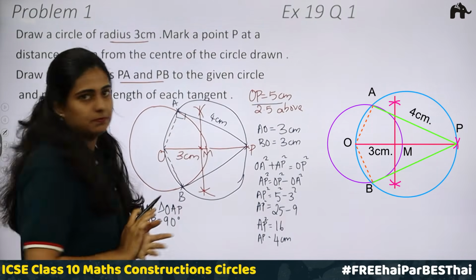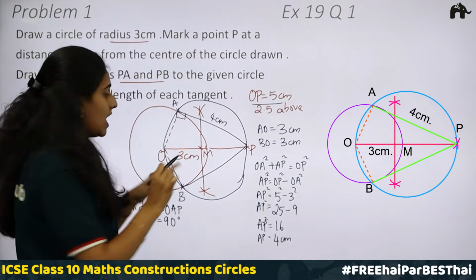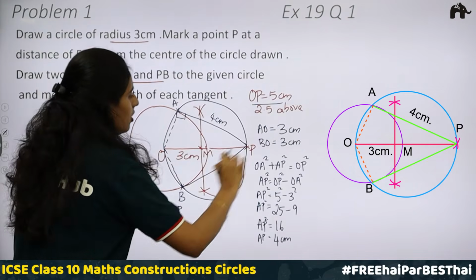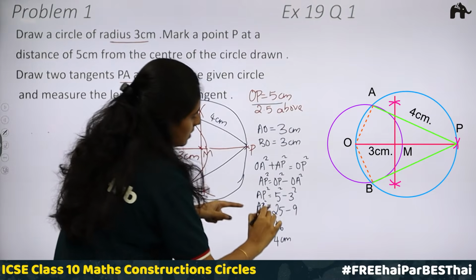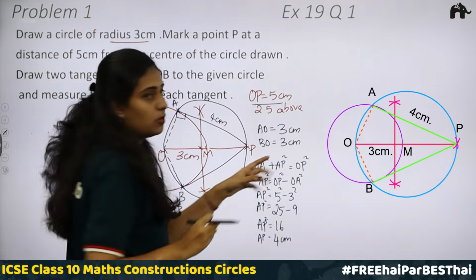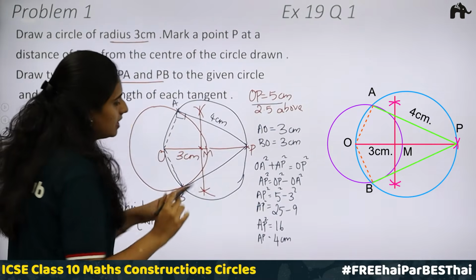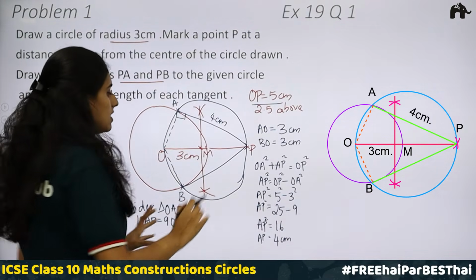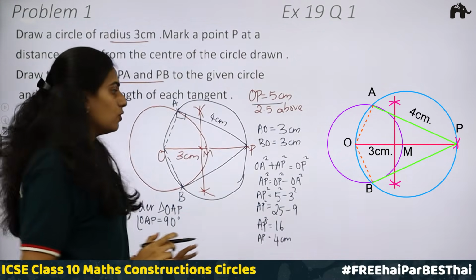What about BP? Here again we have 3 centimeter base and the hypotenuse is 5 centimeter, which means the altitude will also be equal to the root of hypotenuse square minus base square. Here we'll be getting 25 minus 9 again, and that is 16, which means AP will be equal to BP, and that is 4 centimeter.